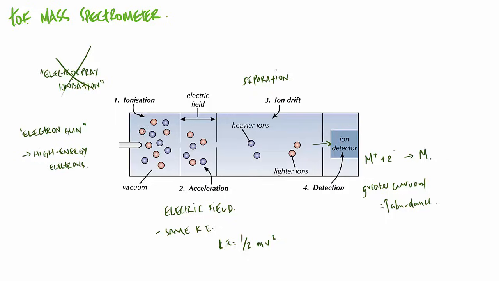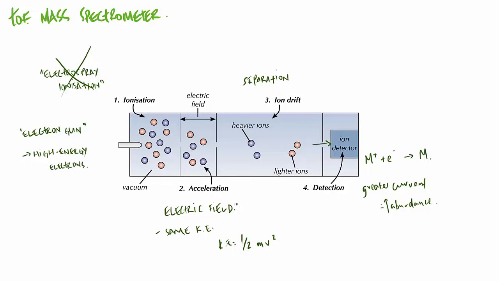So within our sample, if it's an individual element, chlorine for example, there might be a couple of isotopes. One of those isotopes will be more abundant than the other, and this machine will allow us to detect that based on the current that's produced. So the greater the current when our ions hit, that tells me there are more ions hitting, therefore that's the greater abundance. And that really is the whole of the mass spectrometer itself.